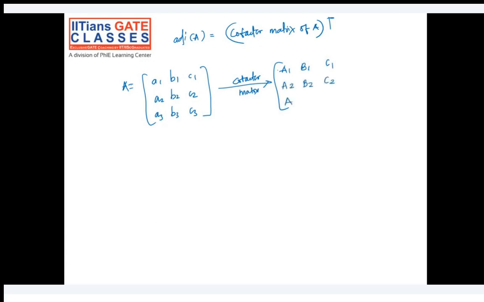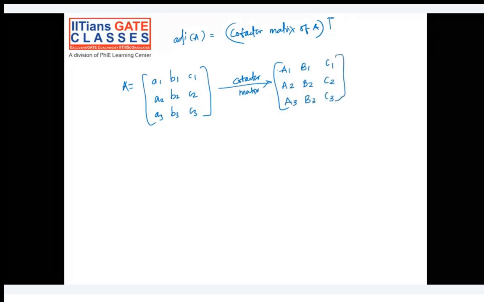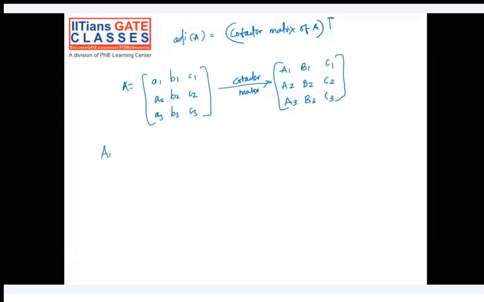I will calculate A1: minus 1 raised to the power 1 plus 1, into B2, C3 minus C2, B3. Like this, all the elements you will find and put in the matrix format, and then take a transpose of it.